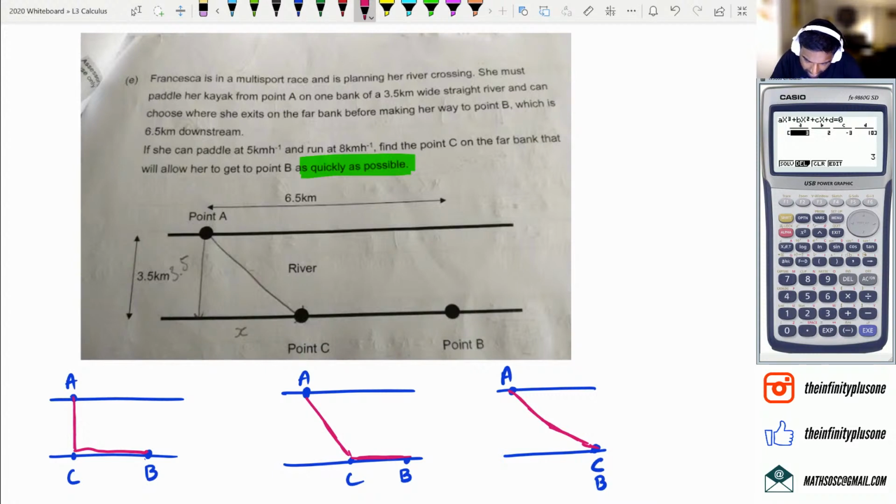She can go in her kayak from point A on one bank to the other side of the bank. So I'm going to show the first one. In this part, she takes the kayak, which is the green. Oh, shouldn't have used green. I'm going to use pink for the kayak.